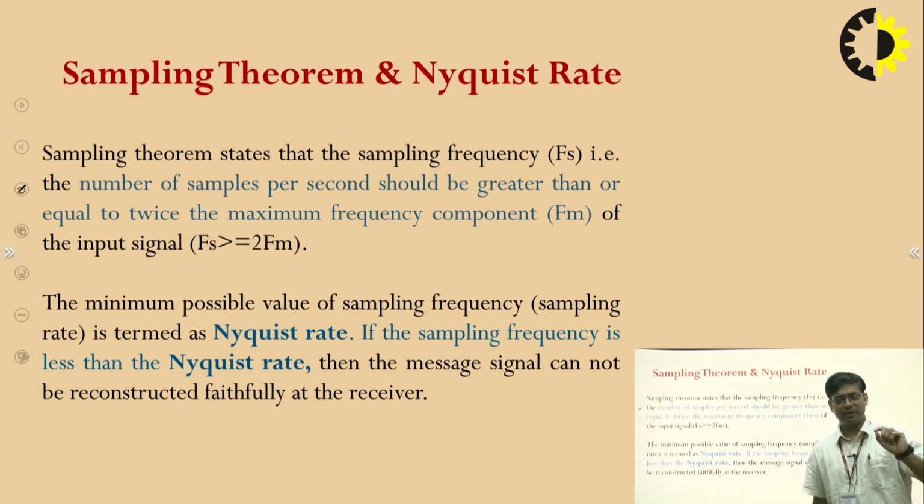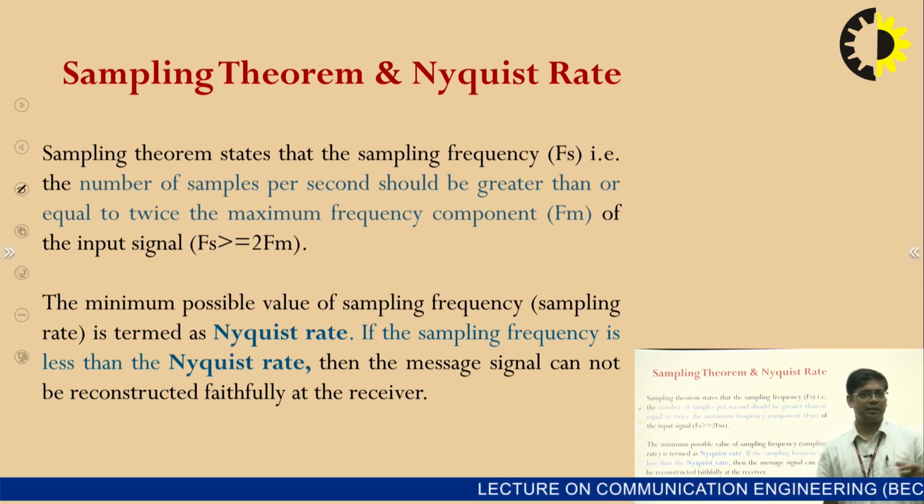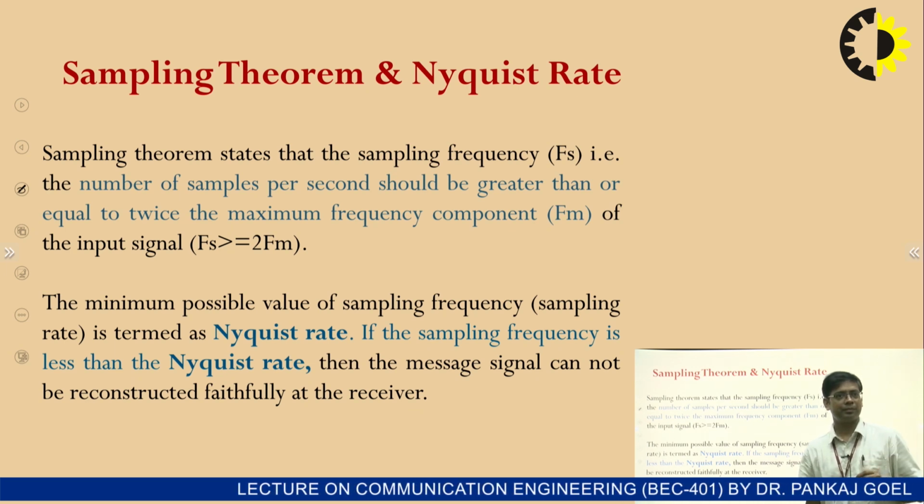That is, if the rate of sampling is greater than or equal to twice the maximum frequency component of the message signal, only then at the receiver can the sampled signal be reconverted into the original signal faithfully.